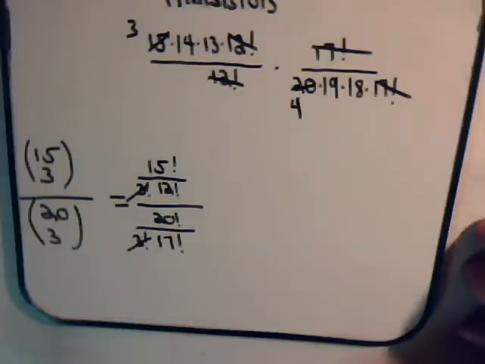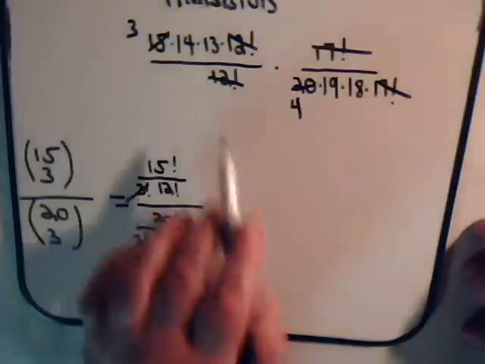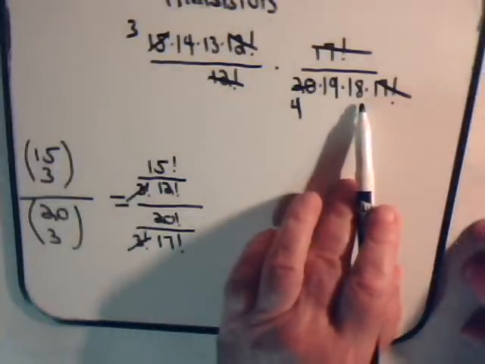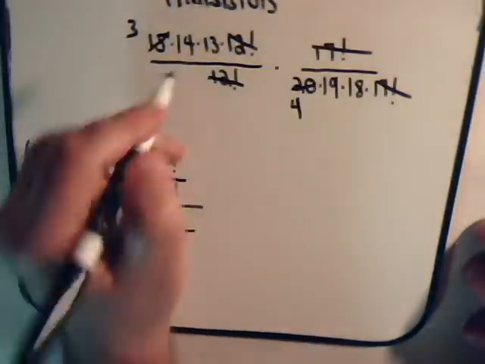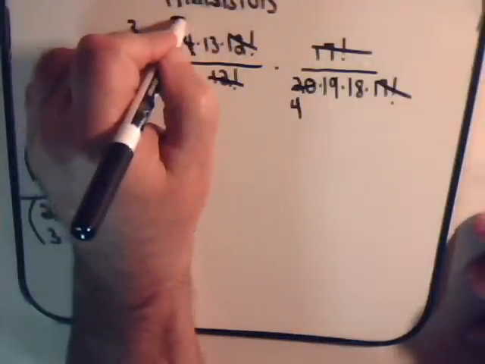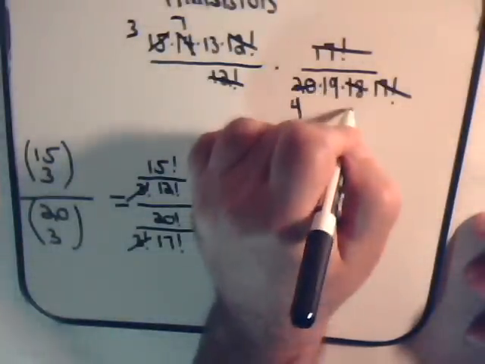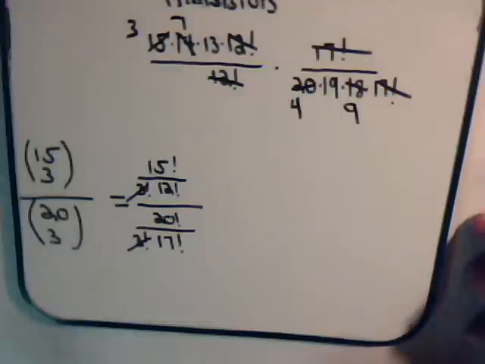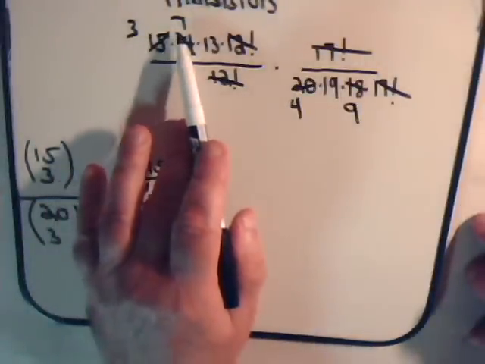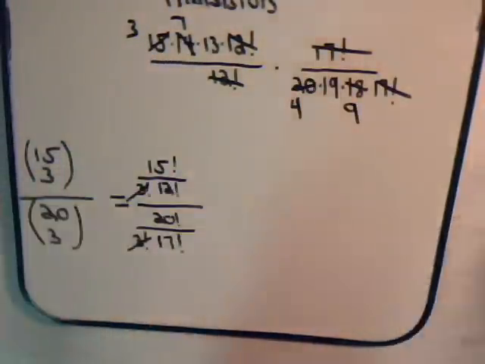What else do we have? 2 can go into here 7 times, and this would be 9 times here. So in the numerator we have 3 times 7 times 13.